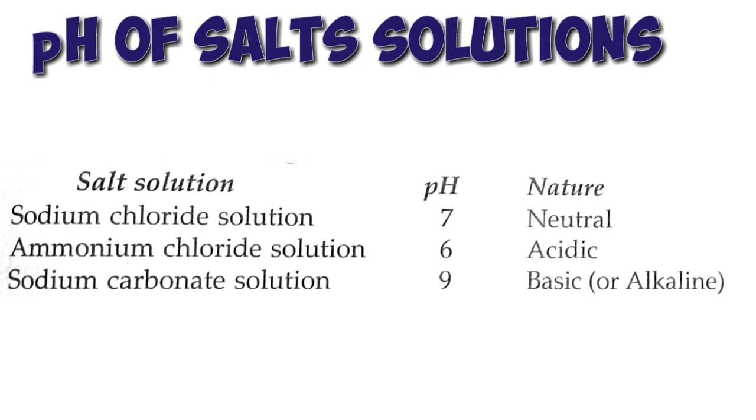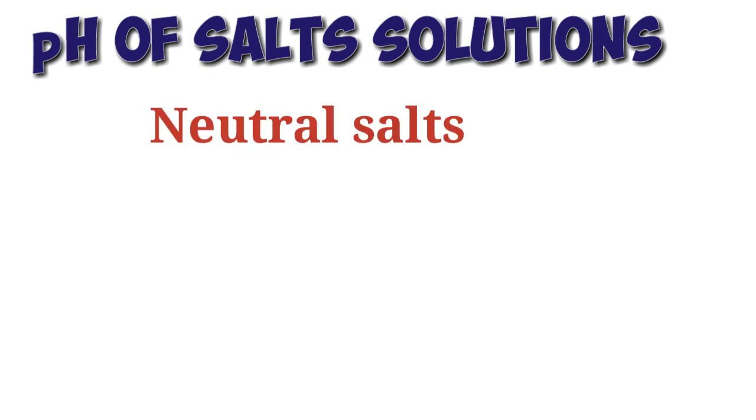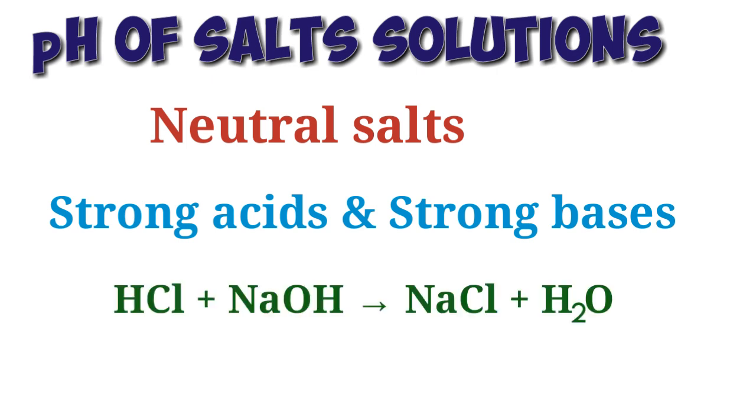According to the nature of the salt, they are classified into neutral, acidic and basic salts. First one, neutral salt. Its solution has pH 7. They are formed by neutralization of a strong acid and a strong base. Let's take the example of sodium chloride. Sodium chloride is formed from a strong acid, hydrochloric acid, and a strong base, sodium hydroxide.